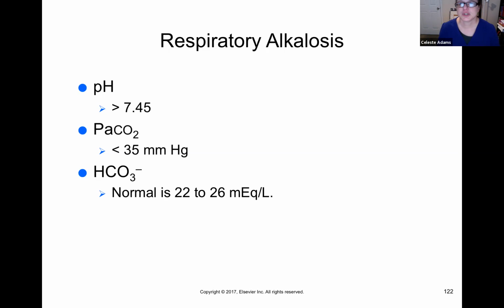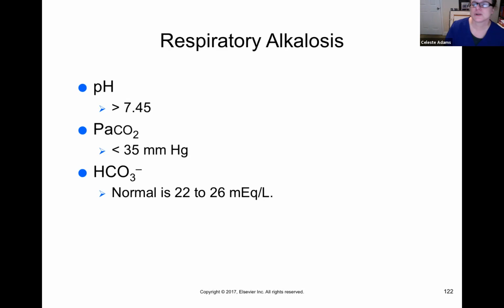So in this situation you may have too much base, but more along the lines of you don't have enough CO2. The main thing to think about: lungs are not producing enough CO2. CO2 is going to be low, below 35.